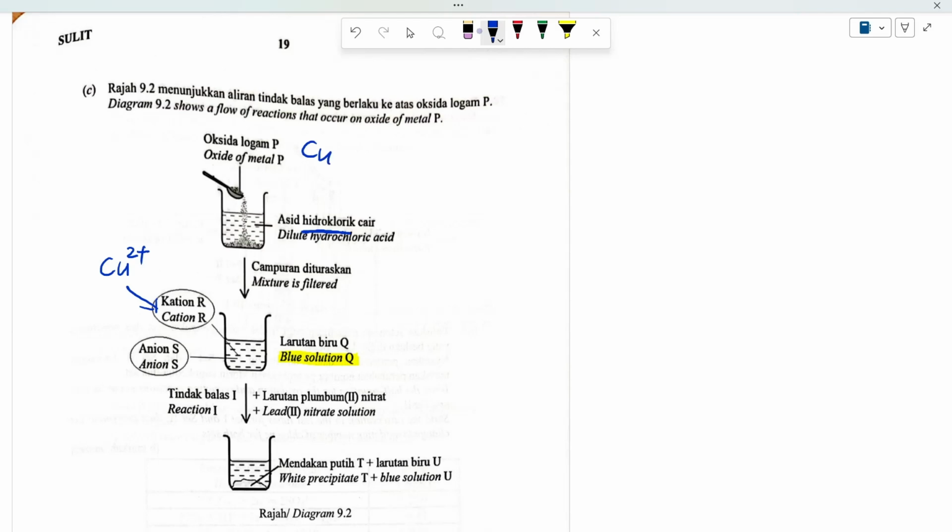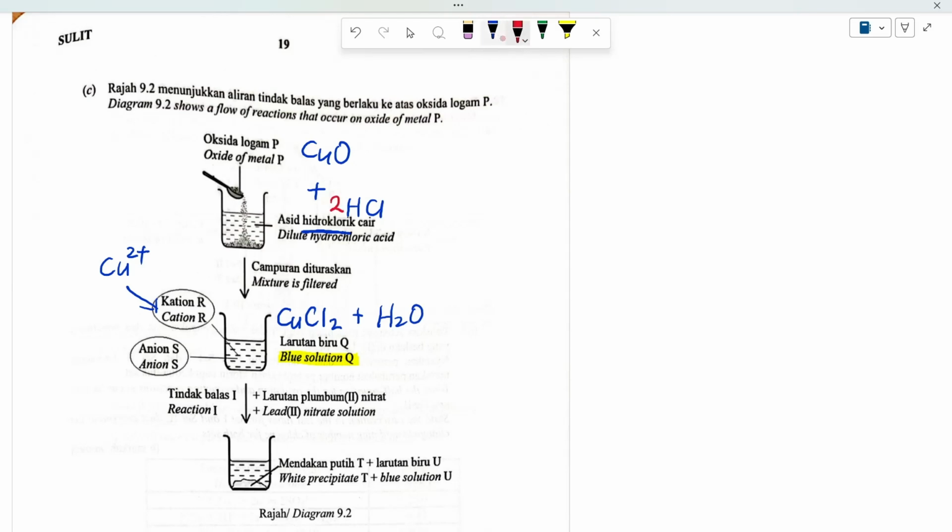Copper 2 oxide, no? So copper 2 oxide reacts with hydrochloric acid. So what is the product? It's a neutralization, right? So what is the salt? It's copper 2 chloride and water. So this one is HCl, right? So the equation here is times 2.